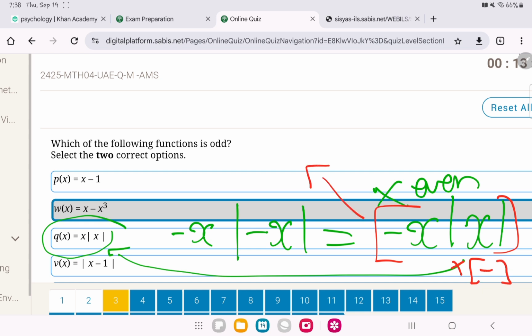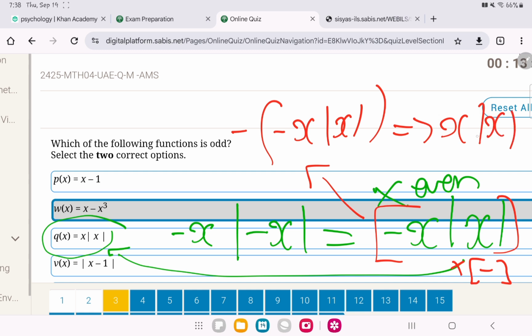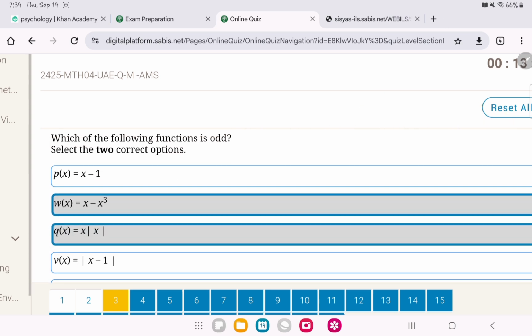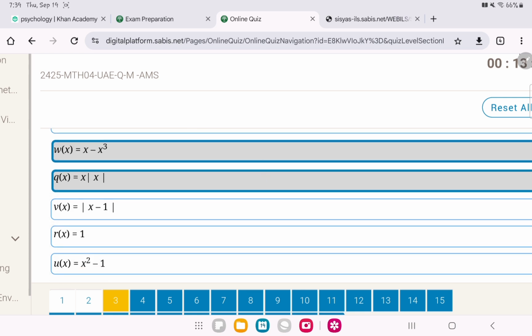So if we multiply it by minus, we're going to have minus times minus x, the absolute value of x, which will then give us x, the absolute value of x. Look, this one and this one are the same, so then it is odd. That means this one is also odd. You can directly stop and say that the two correct options are these, but I want to continue so I can make it even clearer.